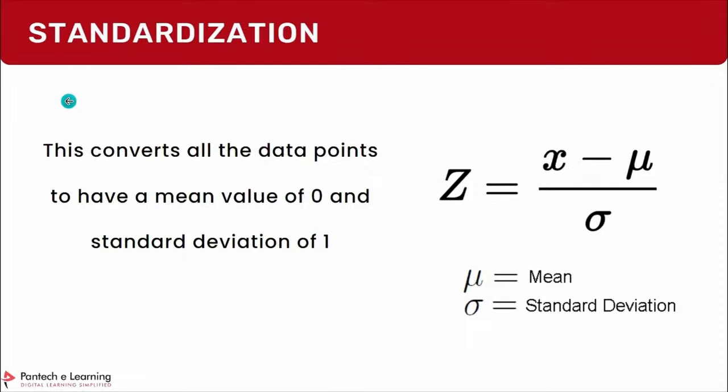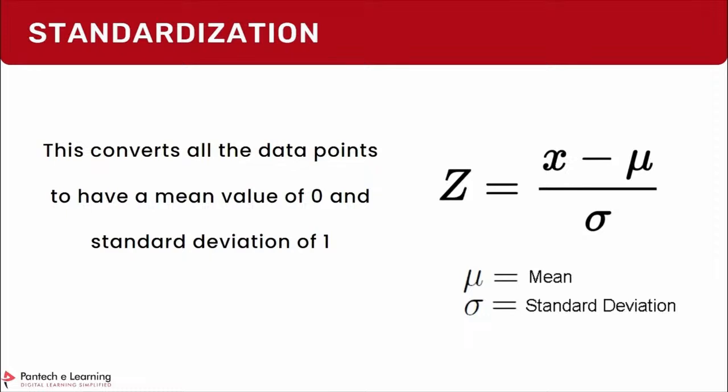So the next method is standardization. There are different methods. I'll explain, and I'll also tell you when to use each. Talking about standardization, this performs a statistical transformation which converts all the data points to have a mean value of 0 and a standard deviation of 1. Mean value is the average value and standard deviation is how much the values deviate from the mean.